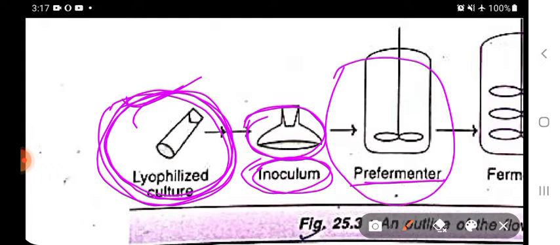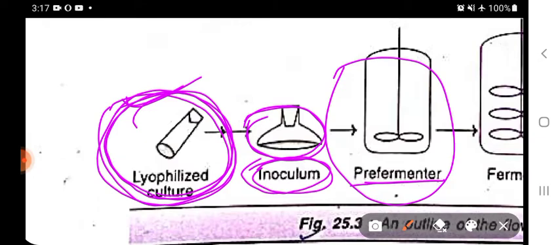Well, a pre-fermenter is just like a fermenter that we normally use, but it is done in a small scale. That means less quantity of nutrients are being applied here, for the growth of the inoculum.